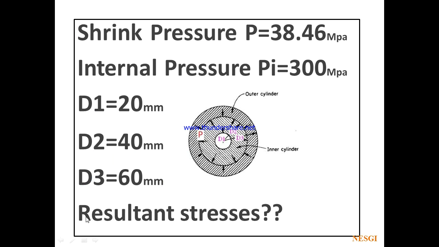So first we need to find resultant stress at different radius, means at inner radius and at the outer radius of the inner cylinder, or inner radius of the outer cylinder and at the outer radius of the jacket. So at the three different points we need to find the stress induced due to shrinkage pressure and stress induced due to internal pressure separately, and then we need to add both stresses.